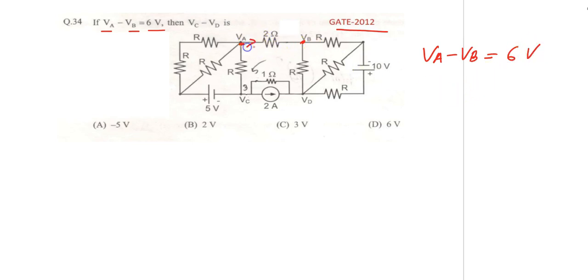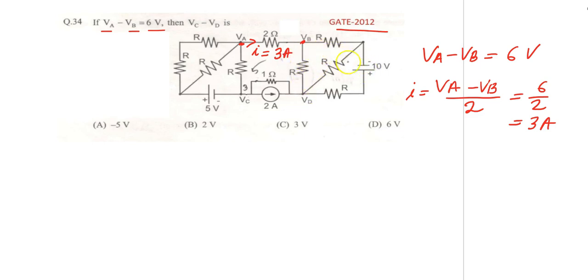So what should be this current? I is equal to VA minus VB upon 2, because 2 ohm. So 6 upon 2, that is 3 ampere. That means here the current is 3 ampere.